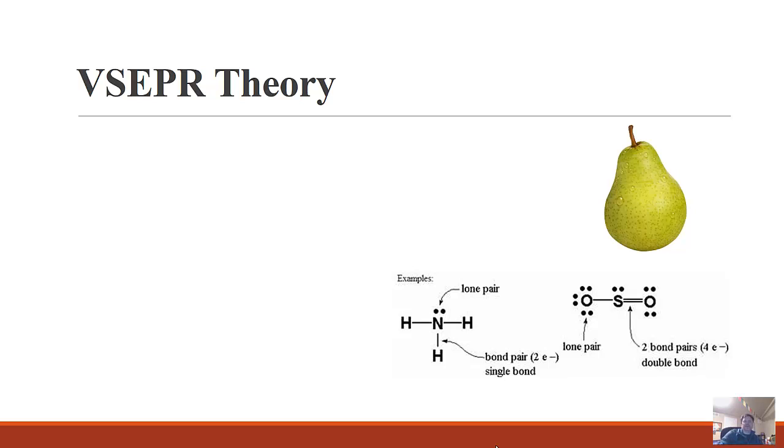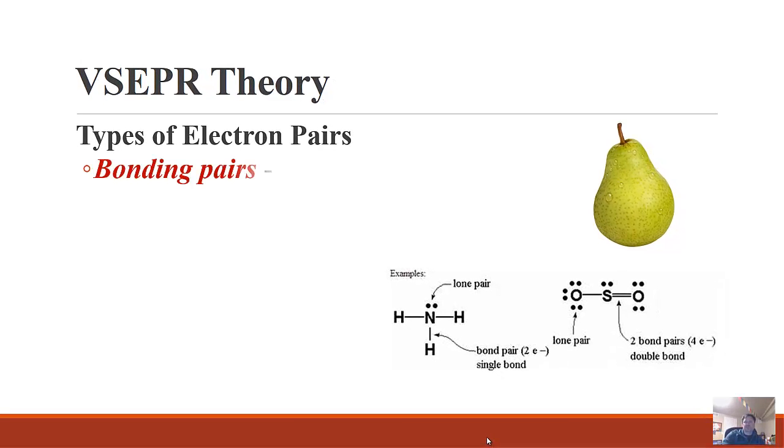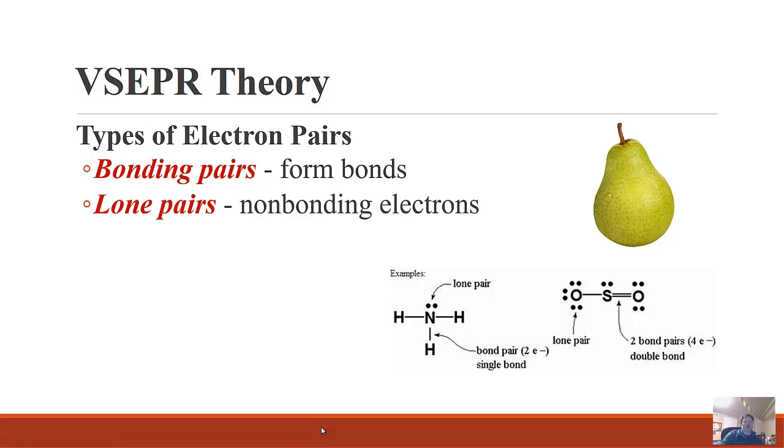When we talk about VSEPR theory, first we need to identify types of electrons. There are two types that we're going to be interested in. The first is what we call a bonded pair. These are electrons that form bonds, so we can see them down here. We represent them as just straight lines. They're sharing those electrons. The other electrons we call lone pairs.